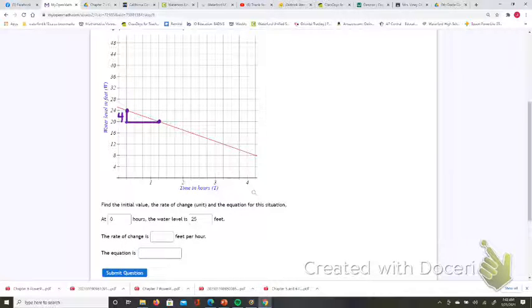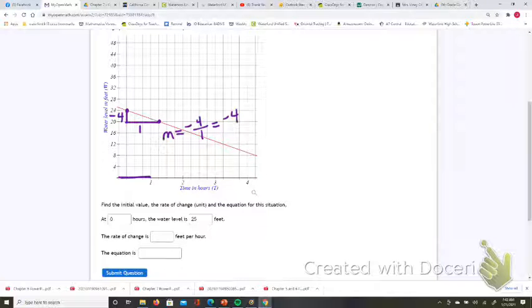Now, if I look at this axis, I went over 1, 2, 3, 4 spaces, but now look at the bottom. If I go over 4 spaces, do you see how that's actually 1? So I went down 4 over 1. See how on this axis, 4 spaces is 1. So my slope is down 4 over 1. Negative 4 over 1 is negative 4.